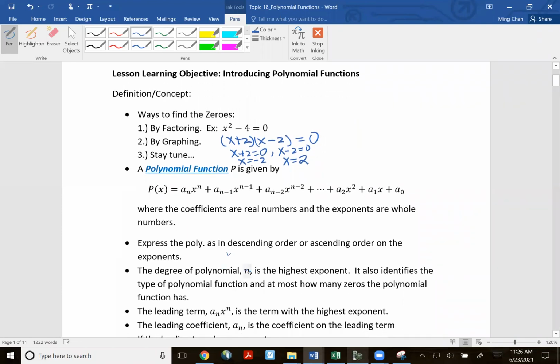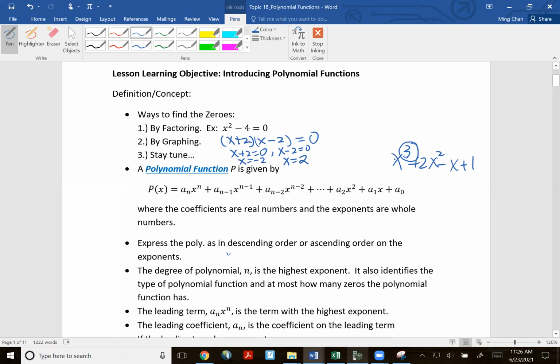The degree of a polynomial is the highest exponent, denoted with the letter n. The degree also identifies the type of polynomial function it is. Just like x to the third power plus 2x squared minus x plus 1, something like that. By the degree of the polynomial, that's a cubic function.